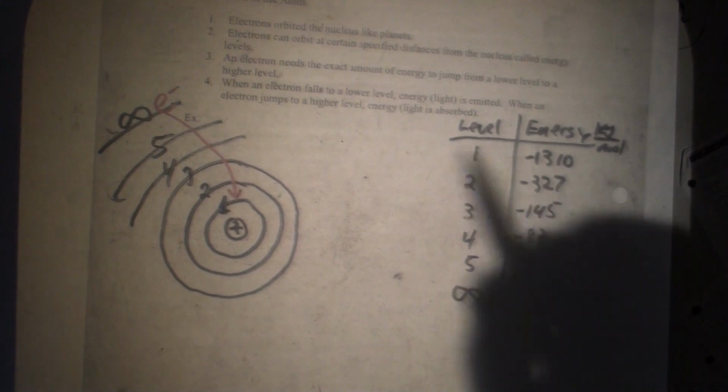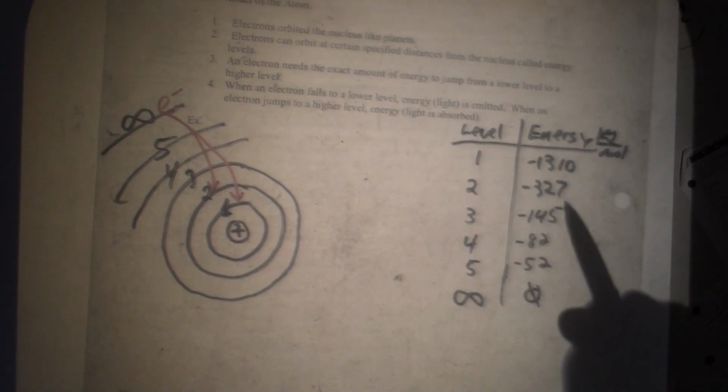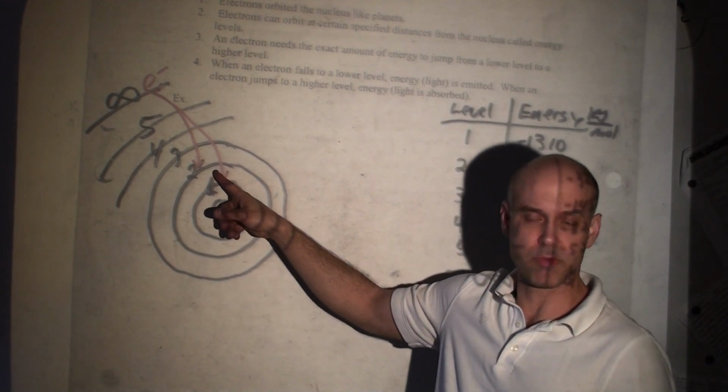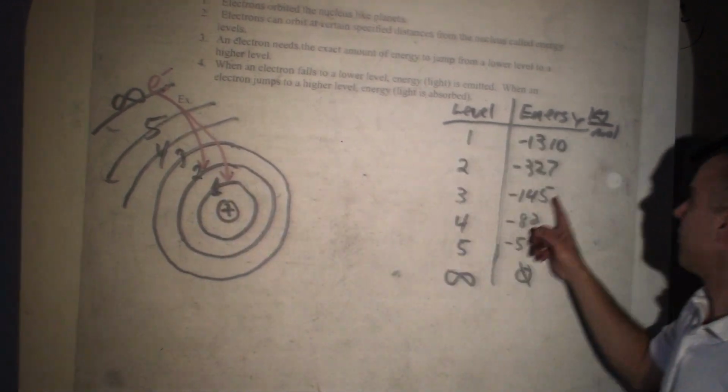If my electron falls from infinity all the way down to the first energy level, it's going to give off 1310 kilojoules per mole. If my electron falls all the way down to the second energy level, it's going to give off 327. If you don't fall as far, you're not going to give off as much energy.